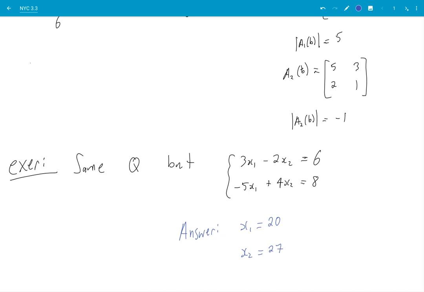Okay. So basically you have b is here, A is given over here, and then you just use your Cramer's rule formula to sort things out.